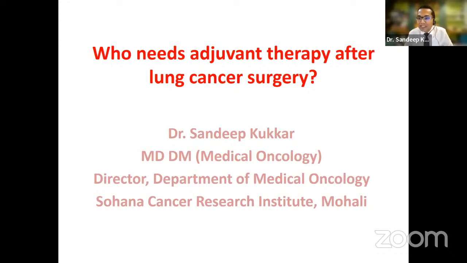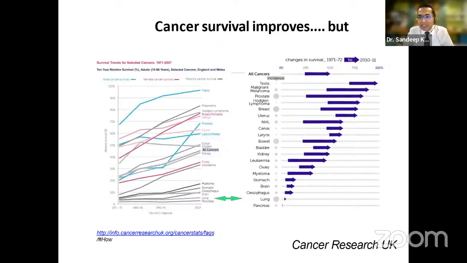So this is just the beginning. I wanted to make a statement that since decades, we did not have any other option apart from chemotherapy, and till now we have been using the same. If you look at the data from 1971 to 2011, you can see lung cancer is at the bottom of the list, where the improvement in survival has not been that great compared to other cancers.